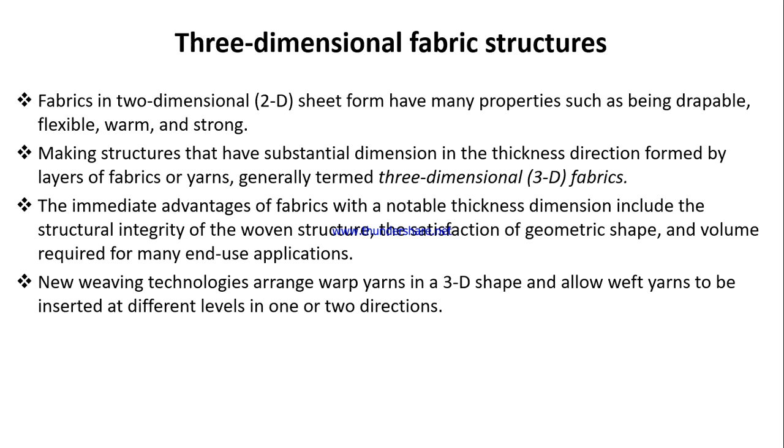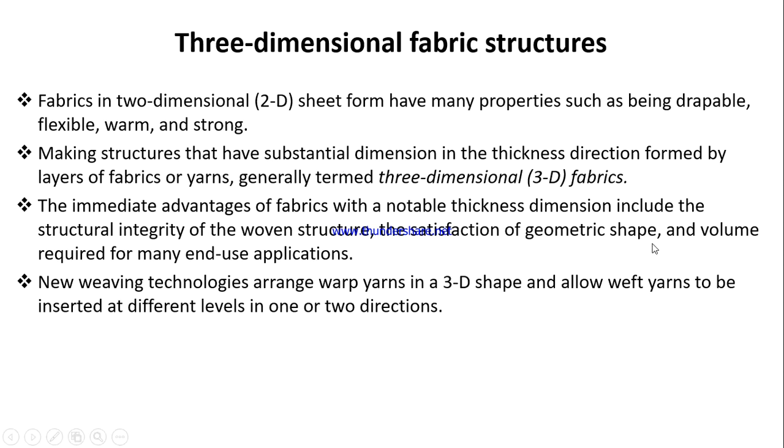We can stitch the fabric or yarn by the sewing operation, but then structural integrity cannot be achieved because the stitching points will be weaker than the main layers or plies. But if you interlace the yarns and fabric directly with the base layer, you can form an integral woven structure that is called a 3D woven structure.